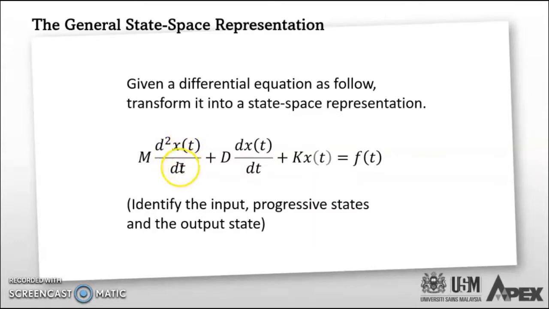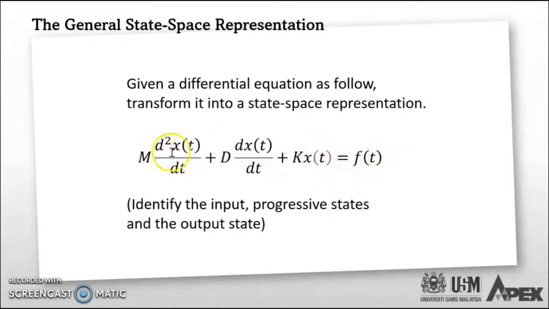Sorry, I left this out. And then d, which is the damper, dx over dt, and k is the spring, x, equals f, which is the input. So from here we have to identify the input, the progressive states, and the output state, okay? So from here, x(t) is the output, and f(t) is the input.